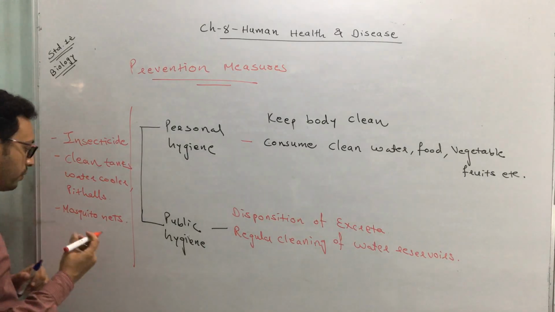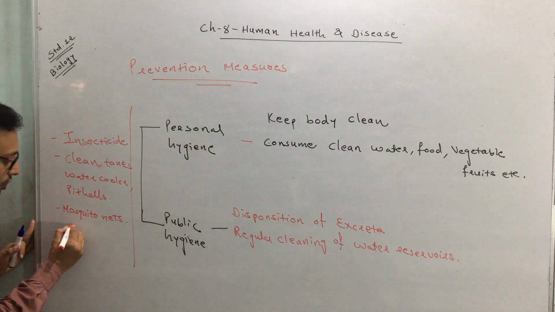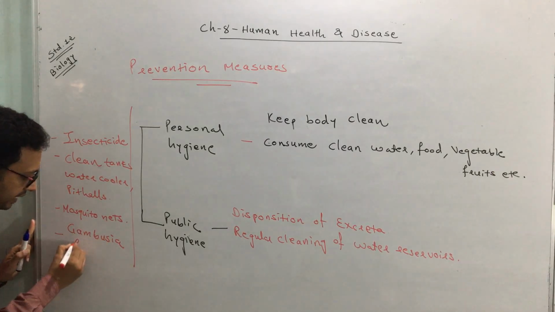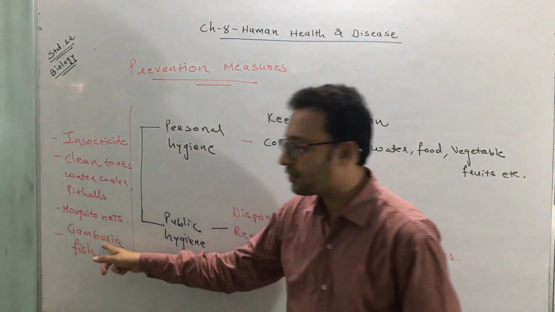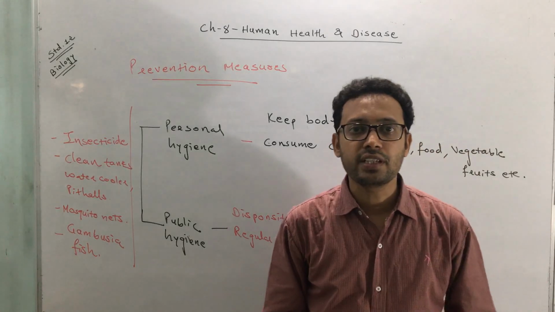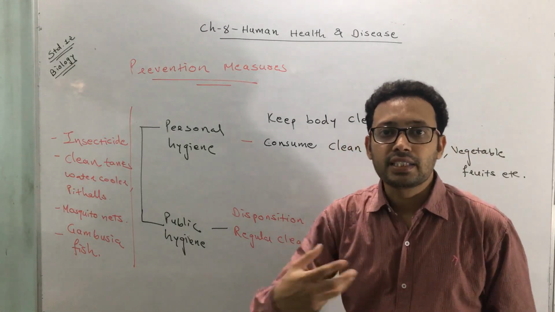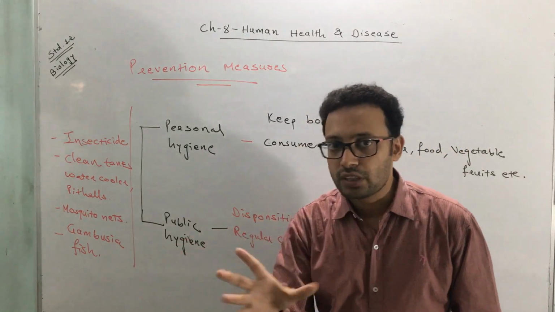Okay, now there is one very innovative technique, that is you can also use a fish. The name of the fish is gambusia fish. Why are we using this gambusia fish? You know that fish grow in water, and mosquito also needs water for their growth. So what we do, we release this gambusia fish in the water.